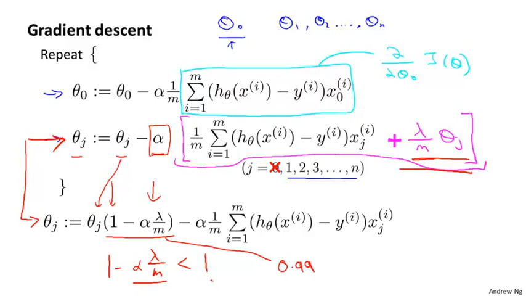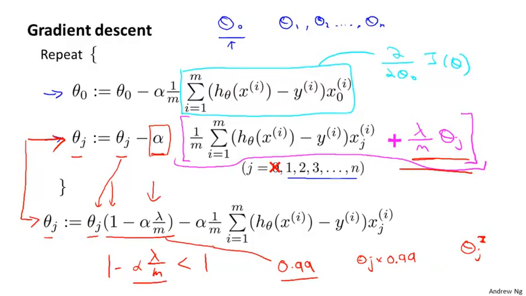And so the effect of our update to theta j is that theta j gets replaced by theta j times 0.99. Theta j times 0.99 has the effect of shrinking theta j a little bit towards 0. So this makes theta j a bit smaller, or more formally, this makes the squared norm of theta j a little bit smaller.